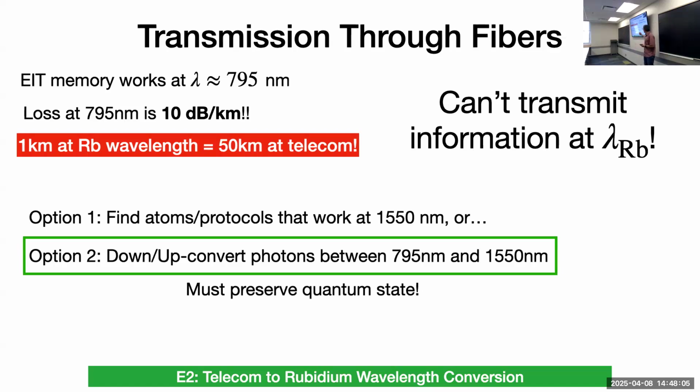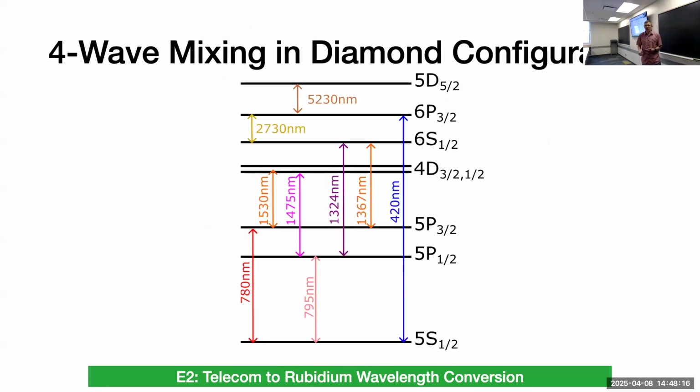And that's the thing we're taking a stab at here, but it has to do so in a way that preserves the quantum state. So we're going to use a technology known as four-wave mixing in the so-called diamond configuration. This is a bit misleading because diamond is also used as a material for quantum memories. This is just the shape of the diagrams that are being used.